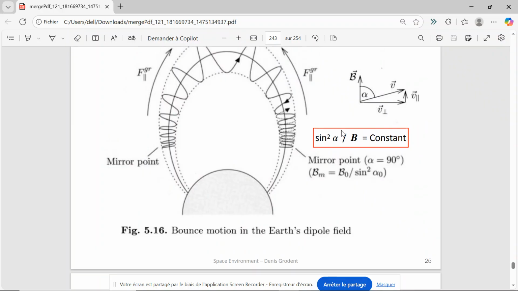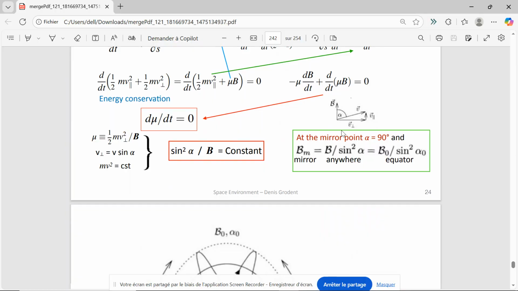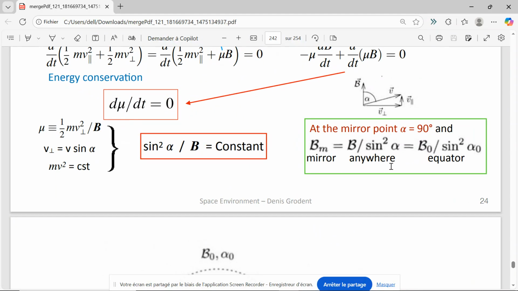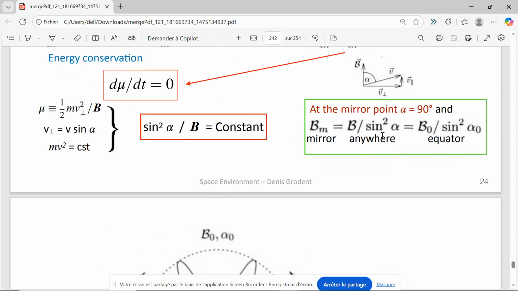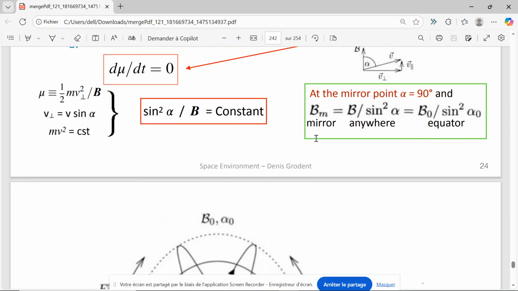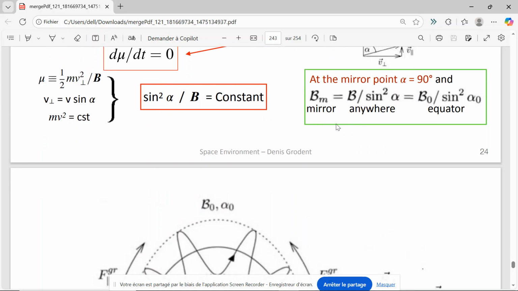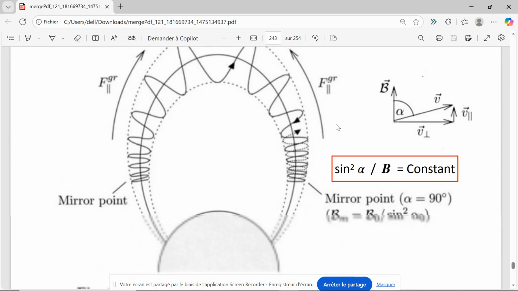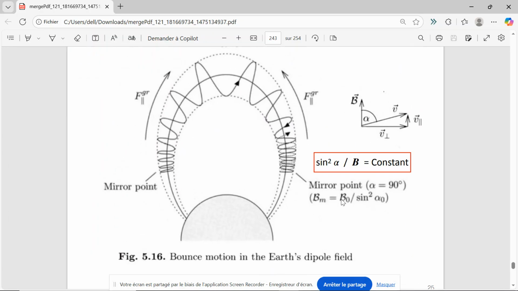It allows us to find the magnetic field where the particle is mirrored. That is the purpose of it. So we are able to know where exactly the particle will be mirrored.